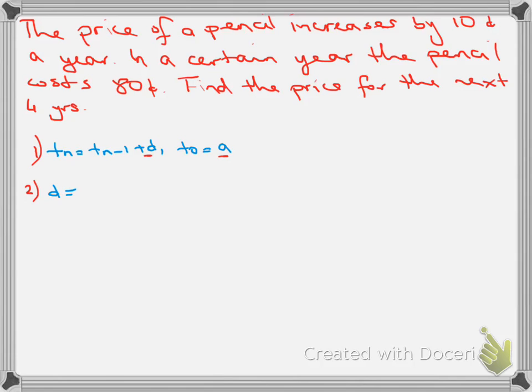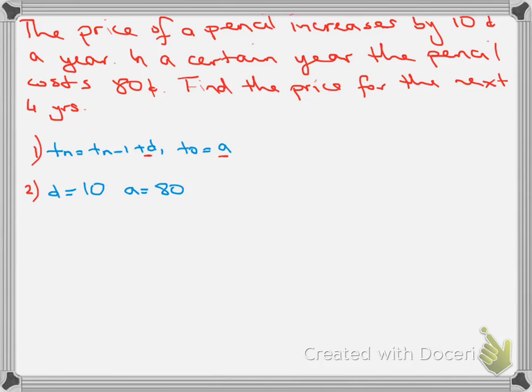So how much does it increase? It goes up by 10 cents every year. So your D is always the number or the price or whatever else it might be that increases every year or every month or whatever the question might say. So D in this example is equal to 10 and our A is equal to 80.